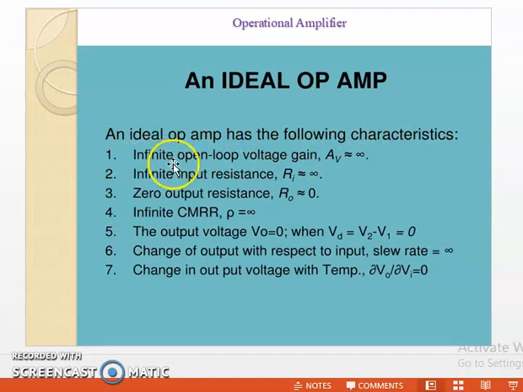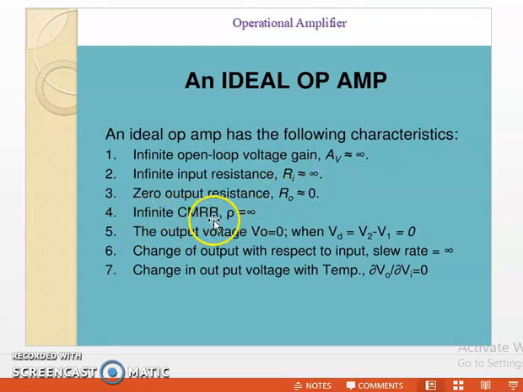Number 1, infinite open loop voltage gain. Gain is denoted by letter A, voltage gain AV, approximately infinity, meaning high open loop voltage gain. Input impedance of operational amplifier, input resistance Ri, is also infinite, whereas output resistance Ro is equal to 0.